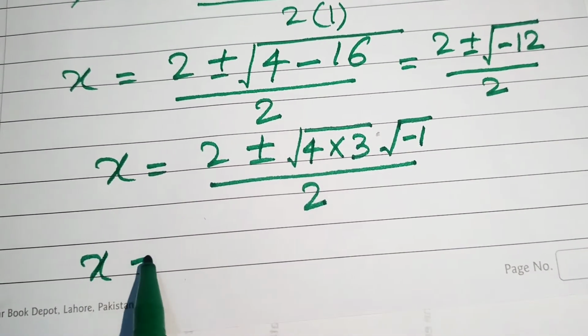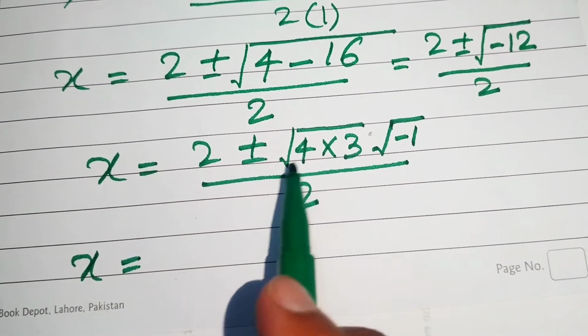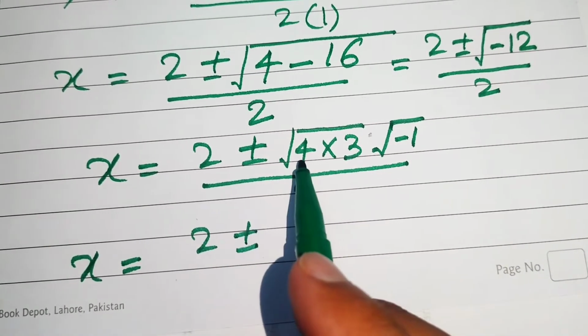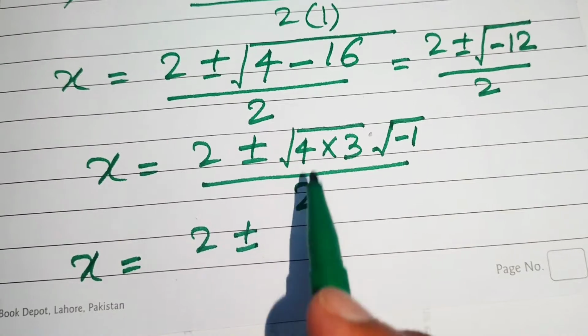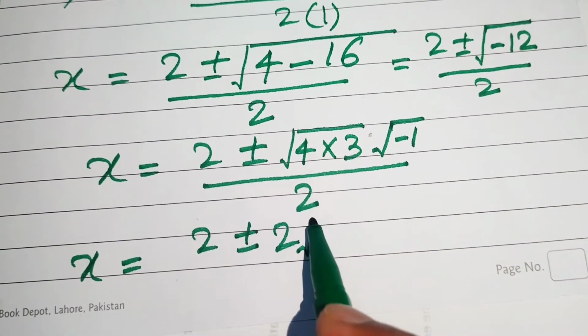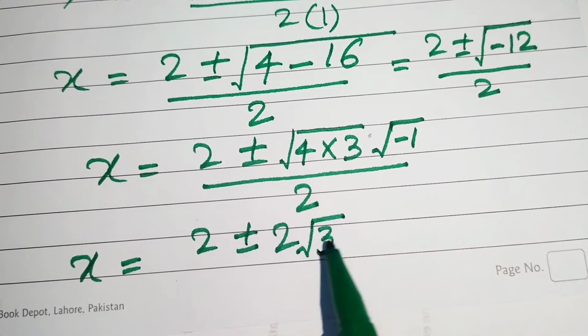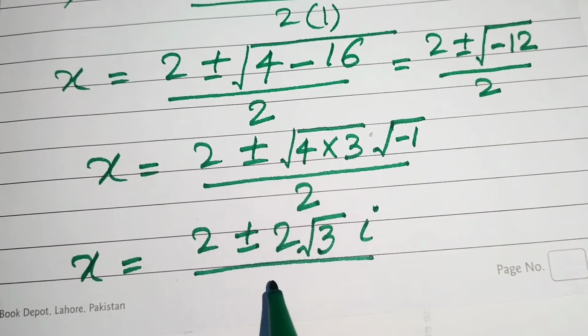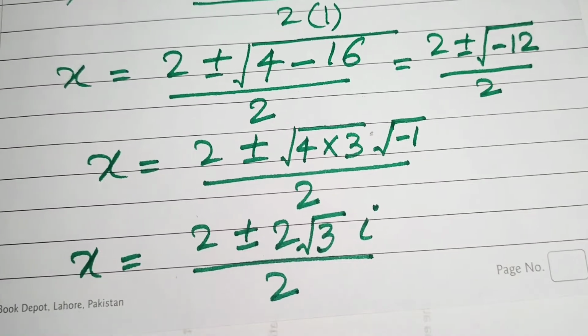And now in the next step we focus on these radical terms, and we write it as 4 square root, and we know that the square root of 4 becomes 2, and square root of 3, and the square root of minus 1 is iota, and this is divided by 2.